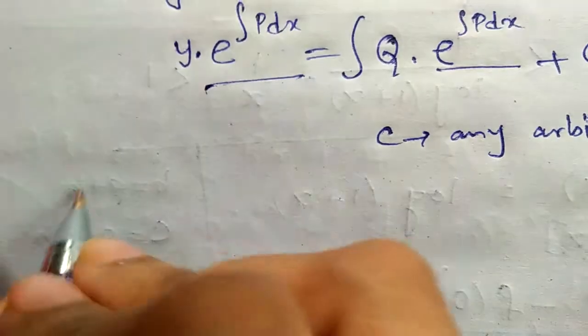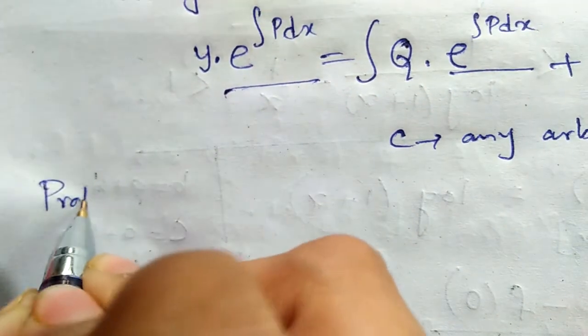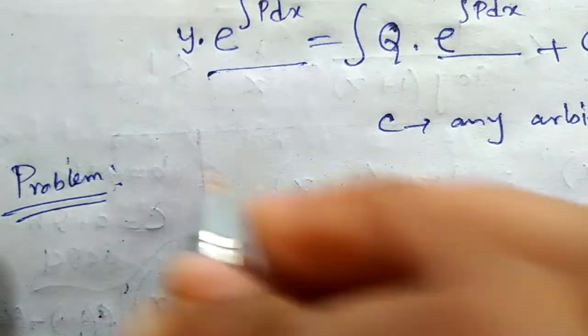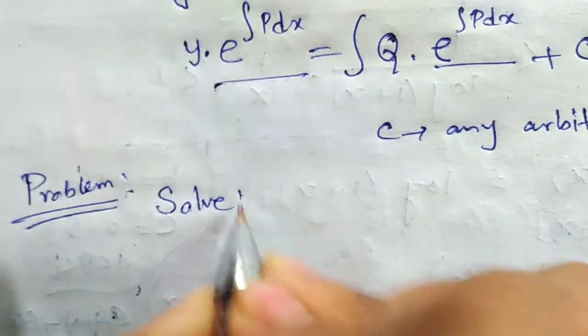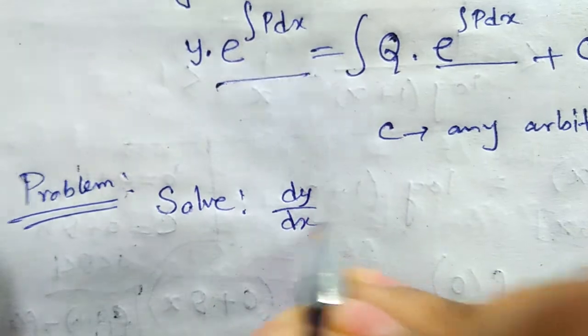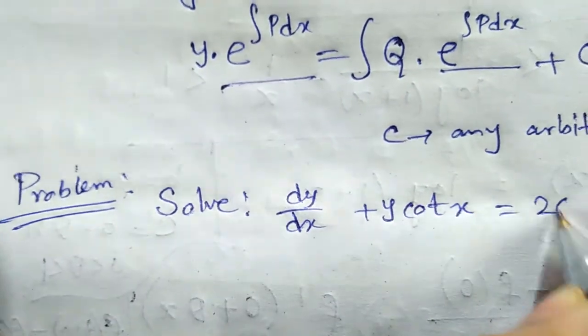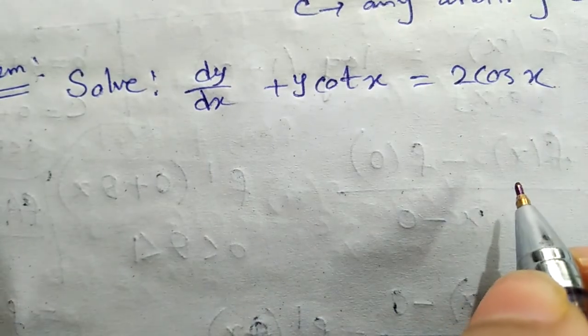Now coming to a problem. Say this is our problem. Solve dy/dx + y cot x = 2 cos x. So this is our given ODE.